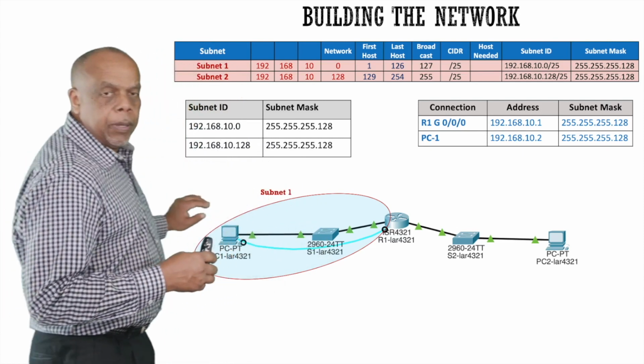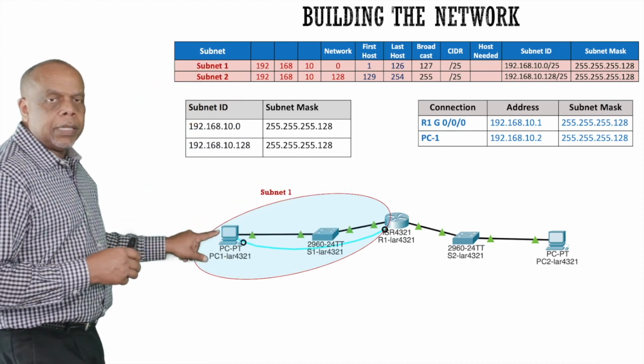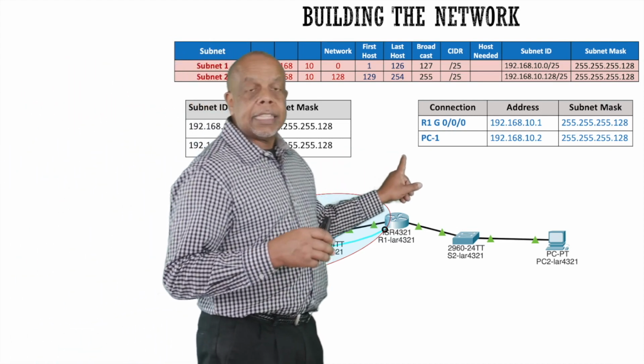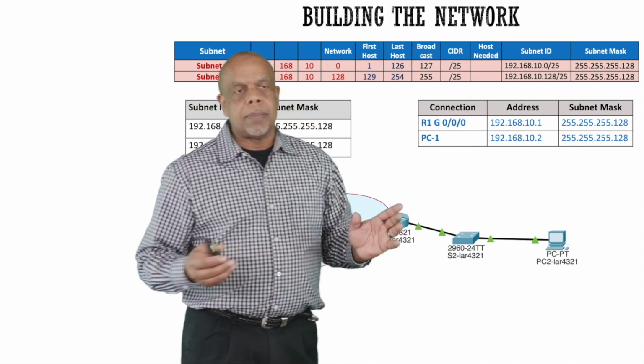Now the PC on this subnet, right? That PC, I'm going to assign it the next IP address, which is .2, and the same subnet mask.